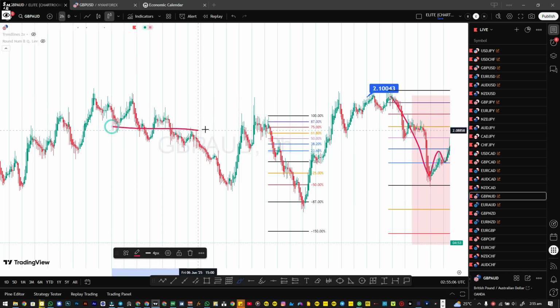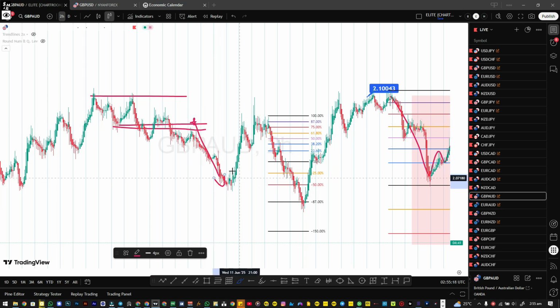If you are using support and resistance, where would you have taken this trade? You would have taken this trade here, a 1:2, and this is a win for you. You come in again, you say this is your support. There was a retest on the support here, so you take trades here and you would have got a 1:2 here. And I told you, if you're on one time frame, stay on that time frame.